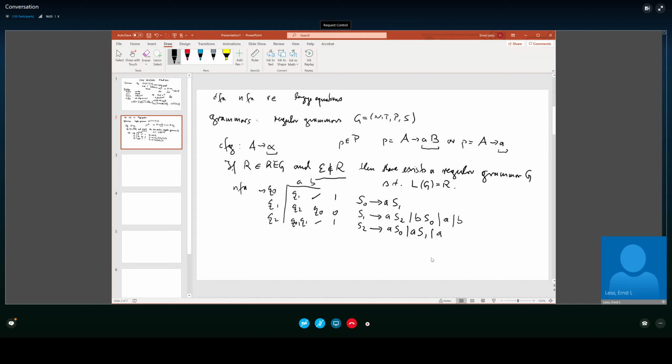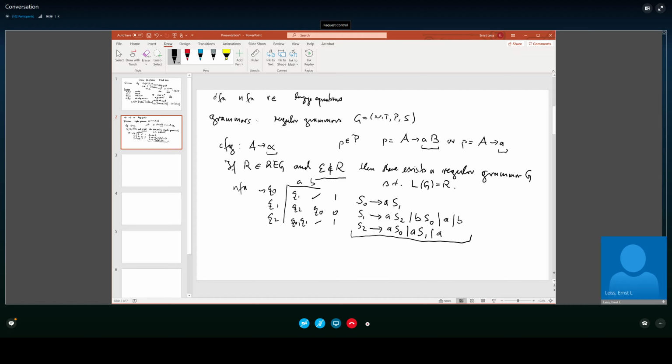Then I need S2 goes to A. On the other hand, if I go Q2 to Q0 and then I continue there, then I have, of course, S2 goes to A S0. Q1, of course, is rejecting, and therefore there is nothing to be added. So these are, in fact, the productions of the regular grammar that almost generate this language.